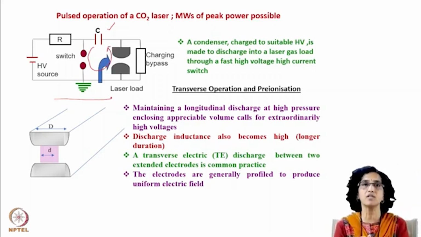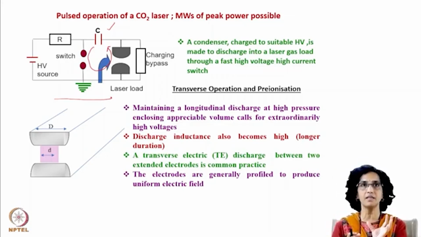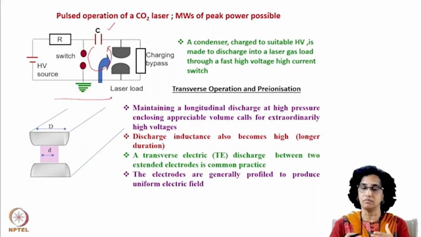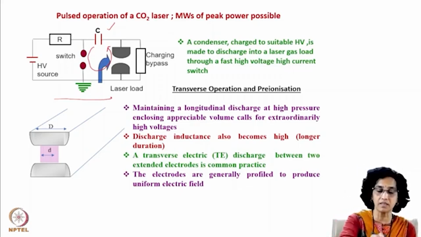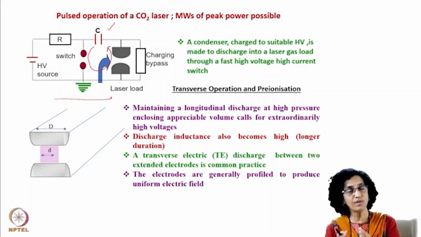And this discharge is so fast. How fast do you want it? You want the discharge current to flow through the laser load within the glow to arc transition time. So this is the requirement. When such a large amount of energy stored in the condenser is switched into the laser load, it creates a glow discharge.